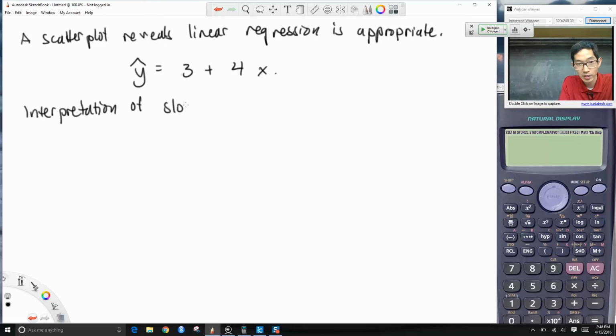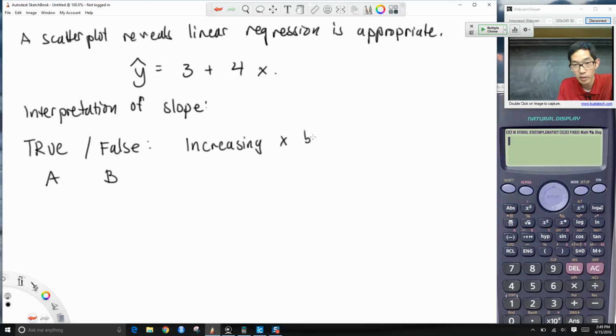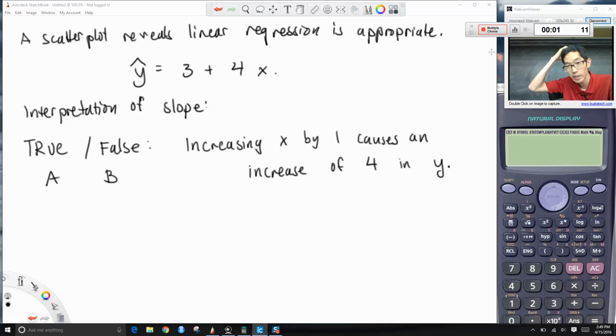Okay, and we're gonna, all right, so this is again true or false. Okay, so we will say interpretation of the slope is that increasing x by 1 causes an increase of 4 in y. Okay. So go ahead and click true or false.